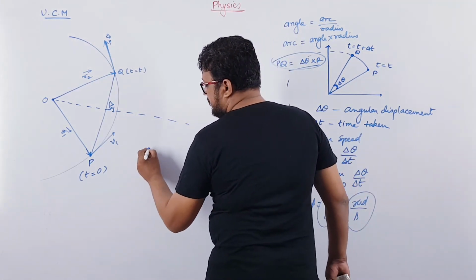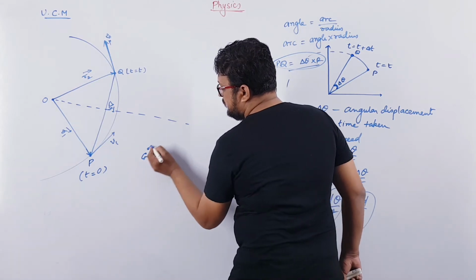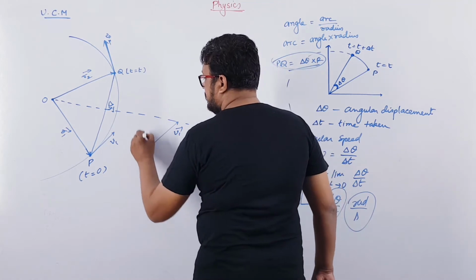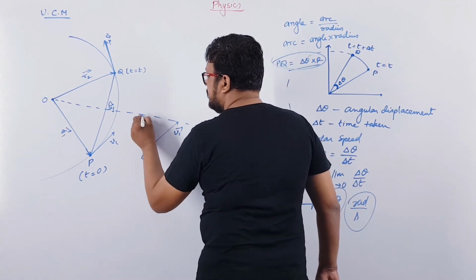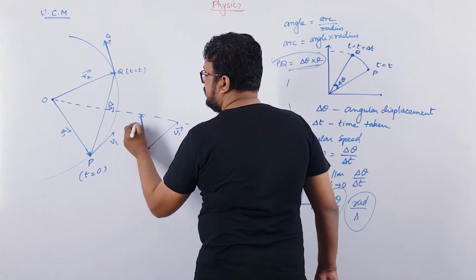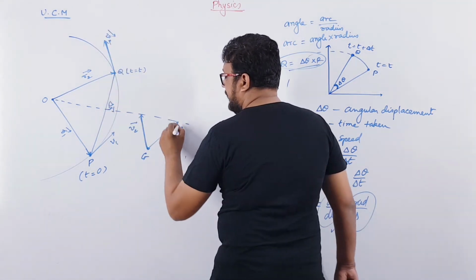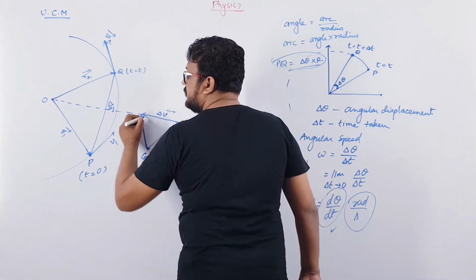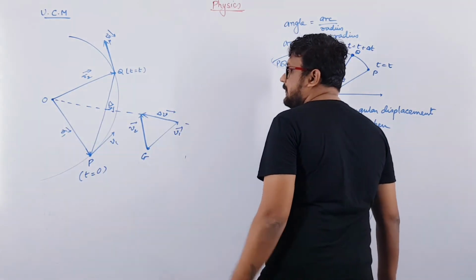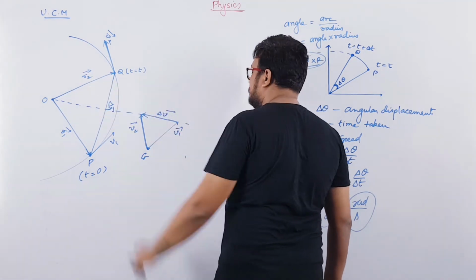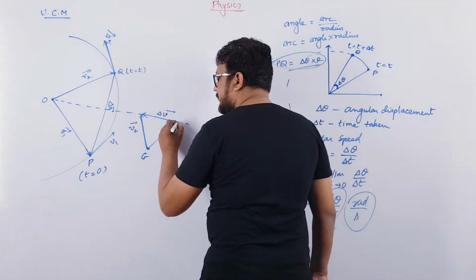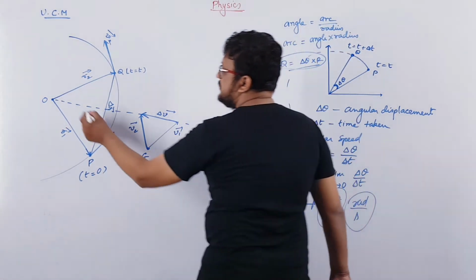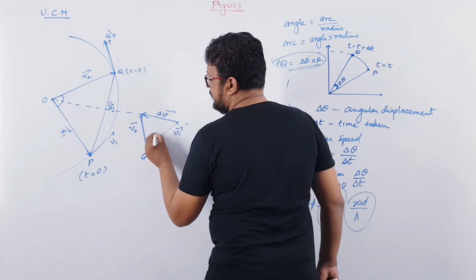So let us consider a point G over here. You can see that this is v1 and this is v2, and this is delta v. Again, you can see that this delta v is acting towards the center, right? Clear? If this angle is delta theta, again this angle will be delta theta only.